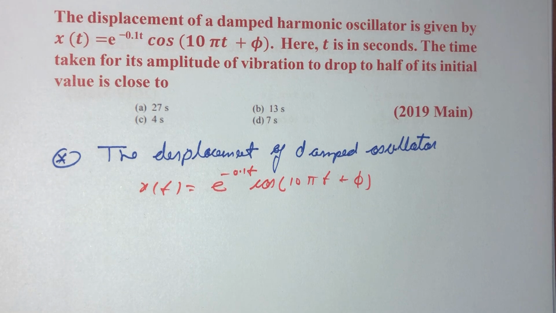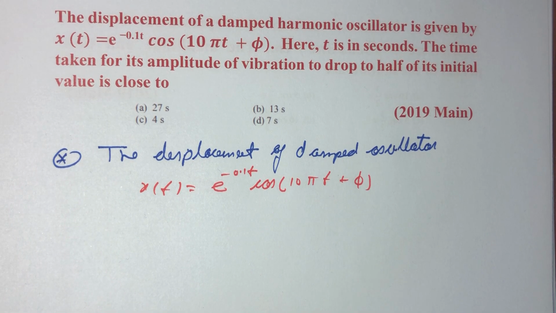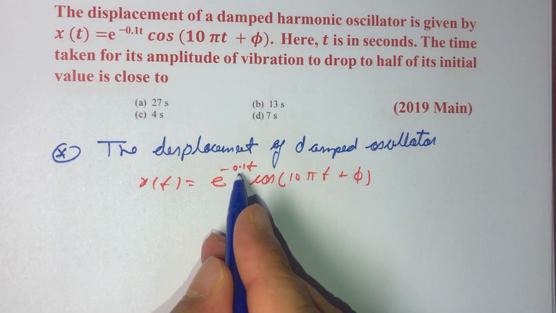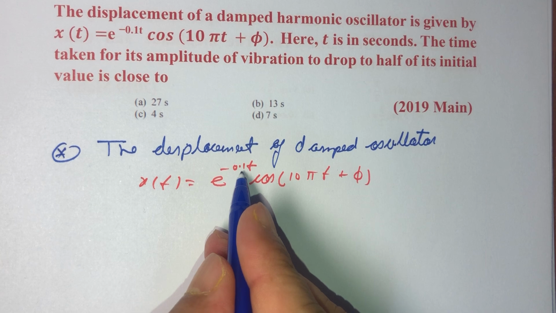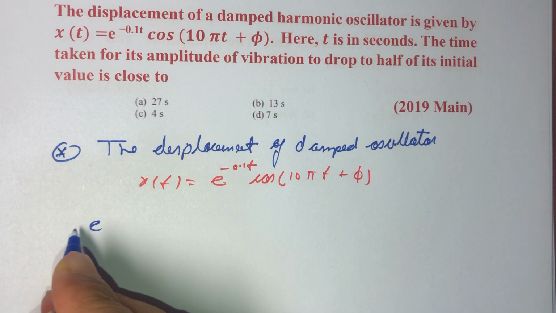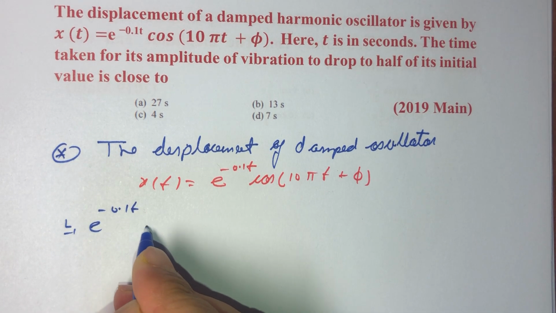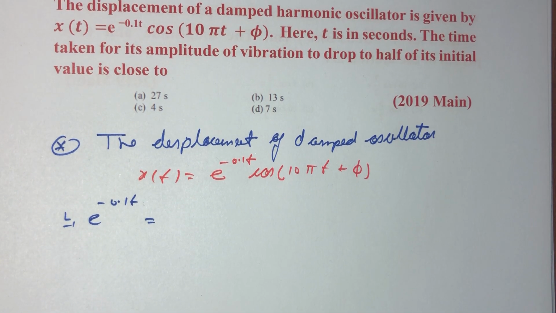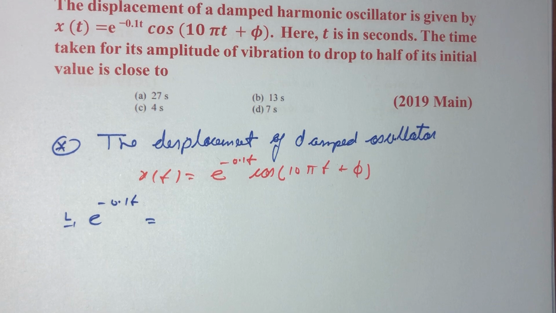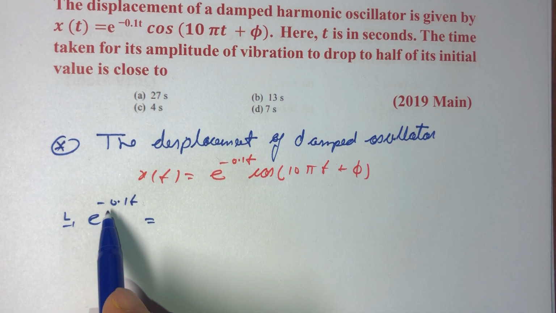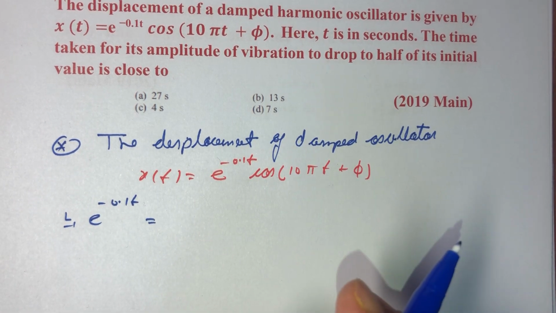And let us try to understand what are the various components of this displacement equation. So the first part is e raised to power minus 0.1 t, and this is the amplitude, but it is an exponentially decaying amplitude. This is an exponential function, and here minus means it will be a decaying exponential function.